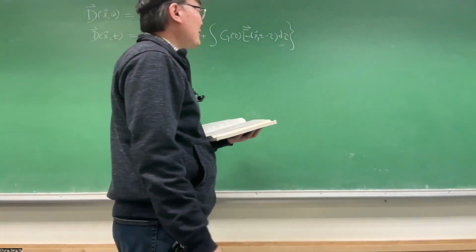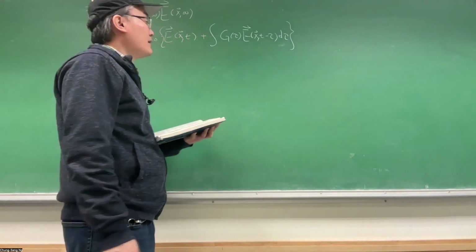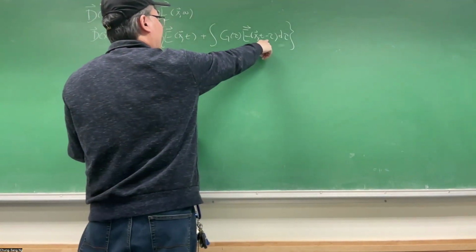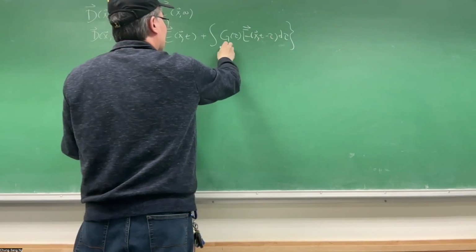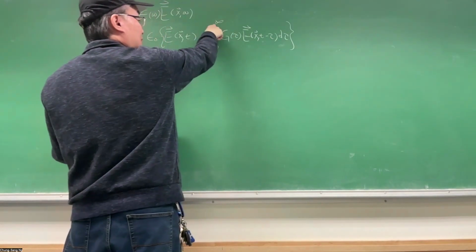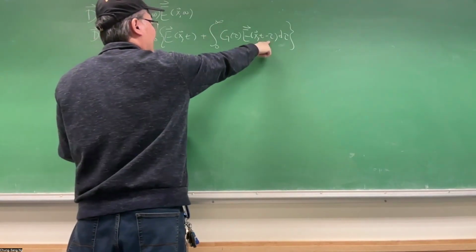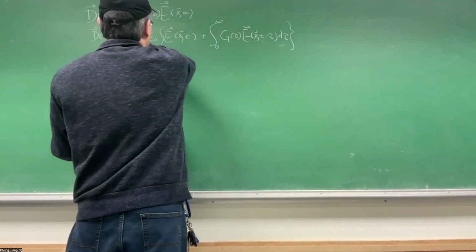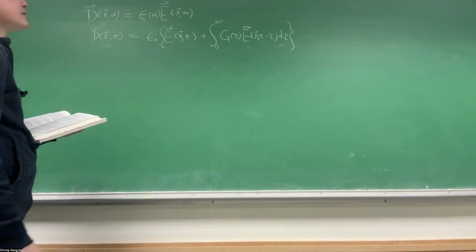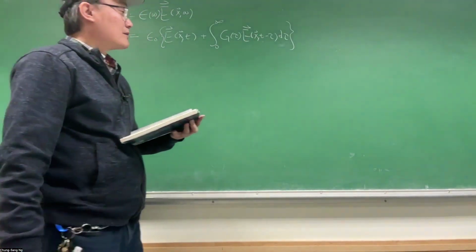Whatever happens should depend on the past, not the future. So it only depends on t minus something positive, so you integrate from 0 to infinity instead of minus infinity to infinity. If it goes to negative values of tau, that means D will depend on the future value of E. That's considered a violation of causality.